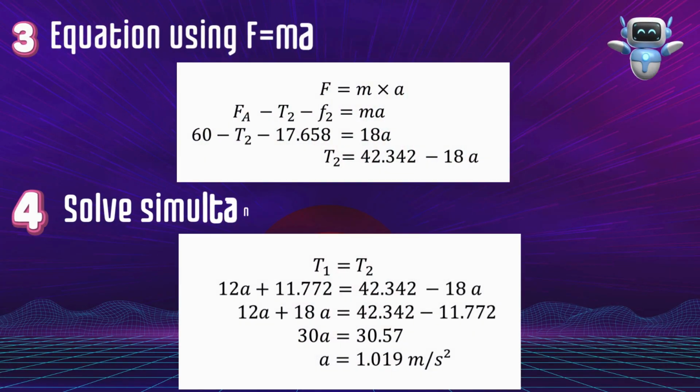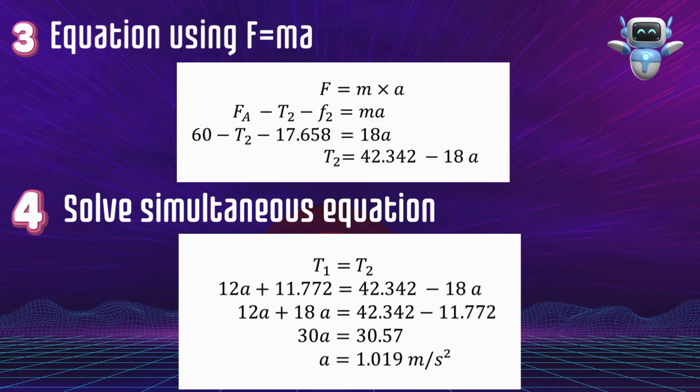Next, create the equation for the second object using F equals ma, where F is the net force acting on the object. The net force is determined by taking the force to the right minus the force to the left based on the direction of motion.